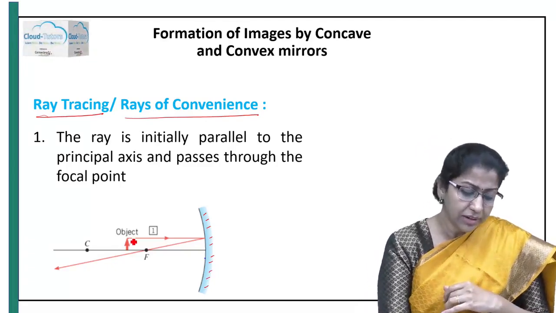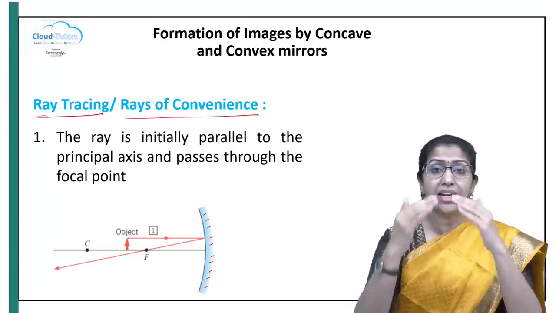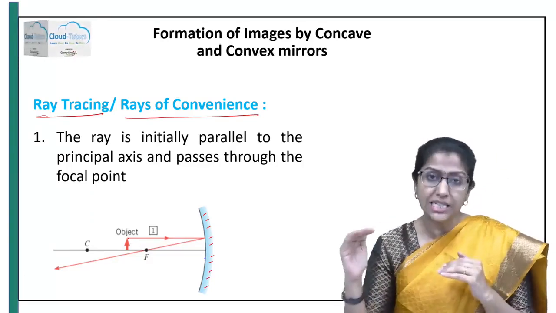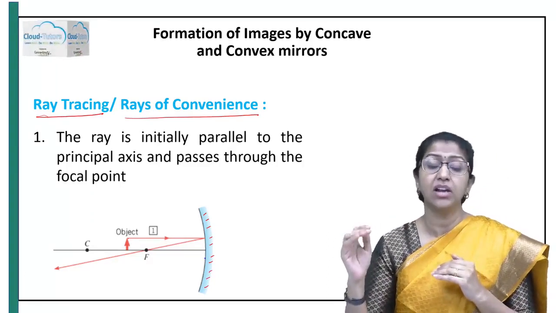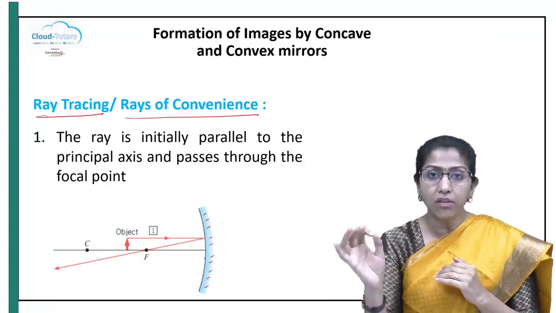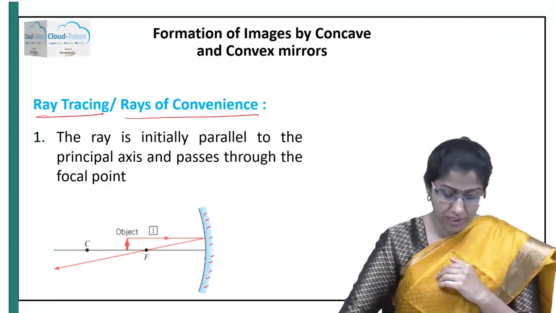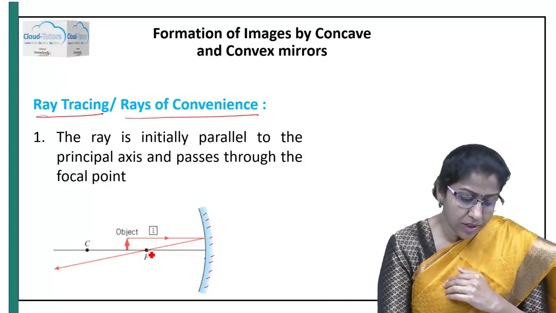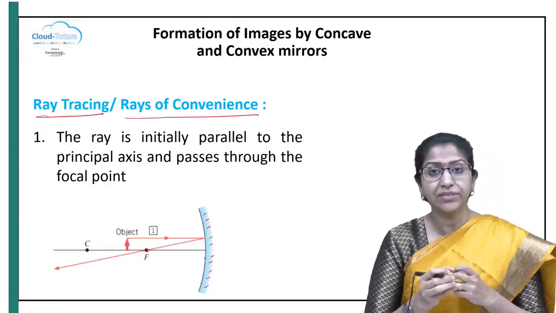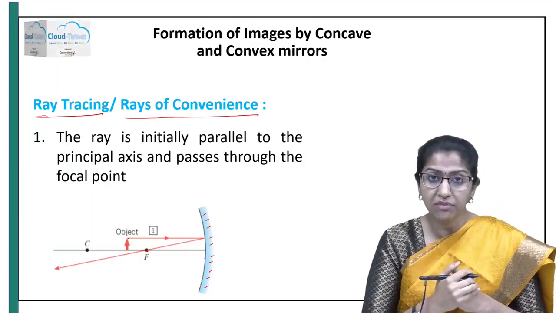So when a ray of light which is parallel to the principal axis hits the surface of the concave mirror, it always passes through the principal focus. That's what you see here. So what is this point? It is point F, that is the principal focus of the concave mirror.